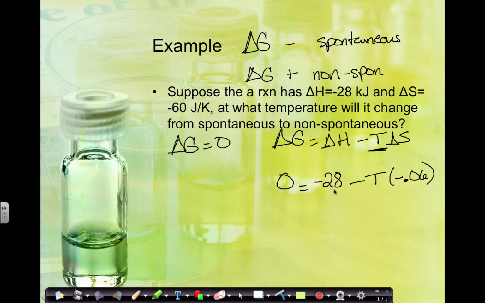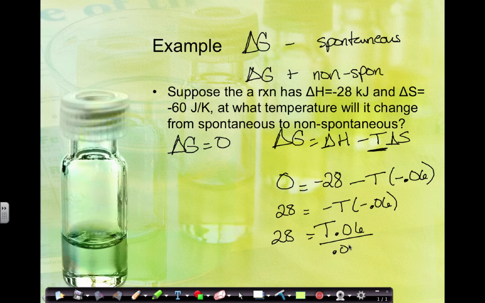All right, so let's move the 28 over. So 28 is equal to negative T times negative 0.06. Well, a negative times a negative will just give me a positive. So divide both sides by 0.06.